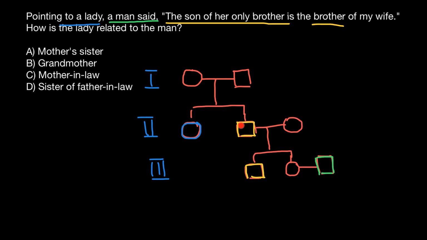So the father of the wife would be the father-in-law, and this person would be the son-in-law of the parents of his wife. So this person is going to be a sister of the father-in-law. So variant D.